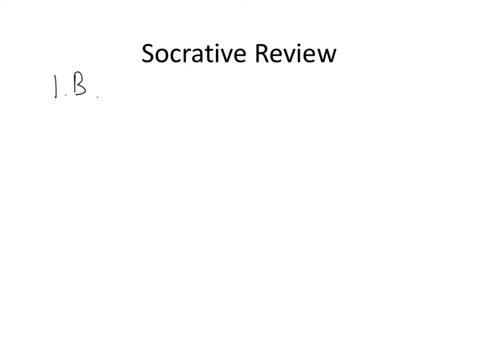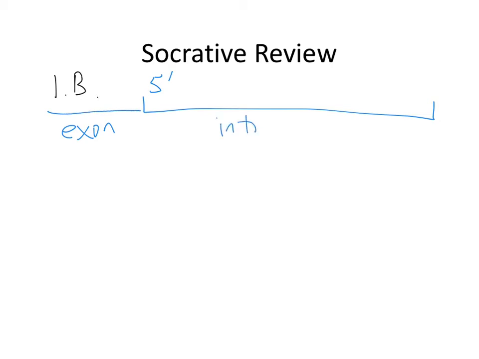By the way, what are those sequences? How do we define what an intron is? If there's a 5' exon here and an intron here, and there's another exon down here, so we've got the 5' and the 3' ends of the intron labeled. What's at the 5' end of the intron?